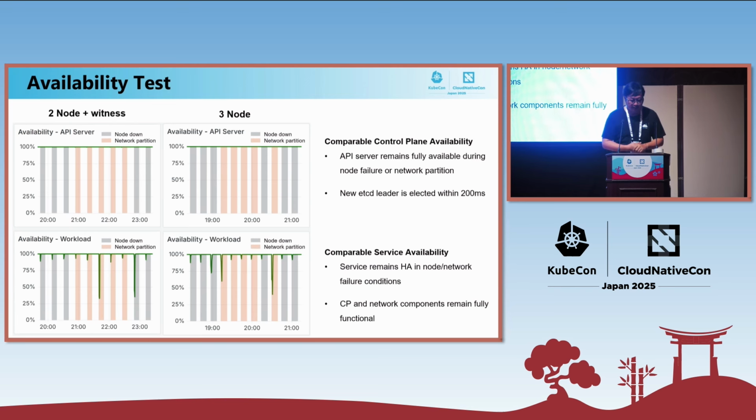So we can see that the two clusters have almost 100% control plane availability, and they have comparable workload availability. Actually, most of the time they have 100% here, and only some drops happen at the beginning of each fault, which is expected because these are from requests that were sent to the node that was brought down or isolated by the network faults.